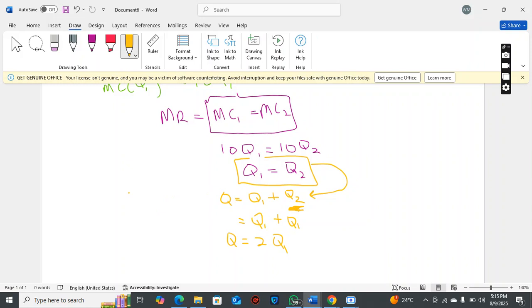That's why we said 10Q1 equals 10Q2. We then take our original function given in the question and substitute so that we have a simple expression like this. Any questions, colleagues, before I move further?